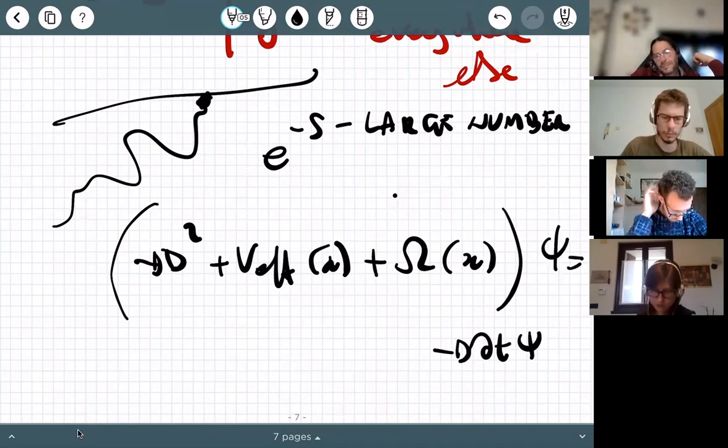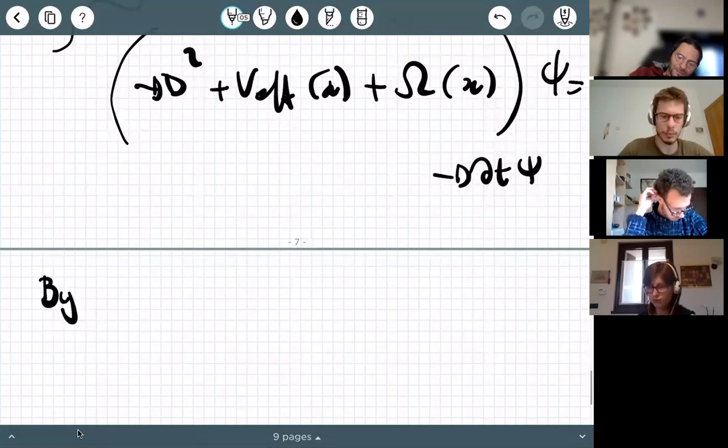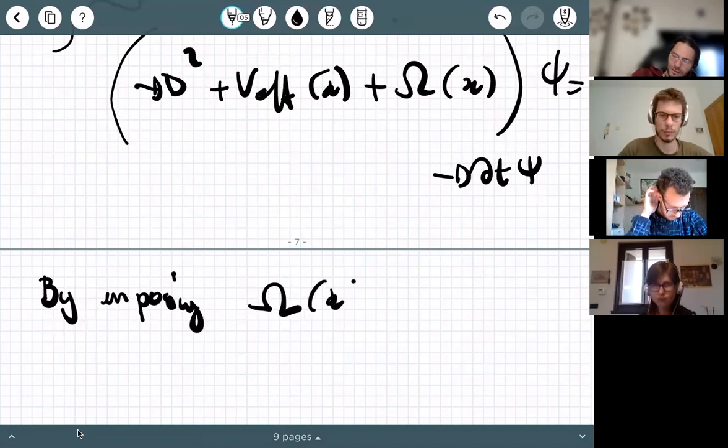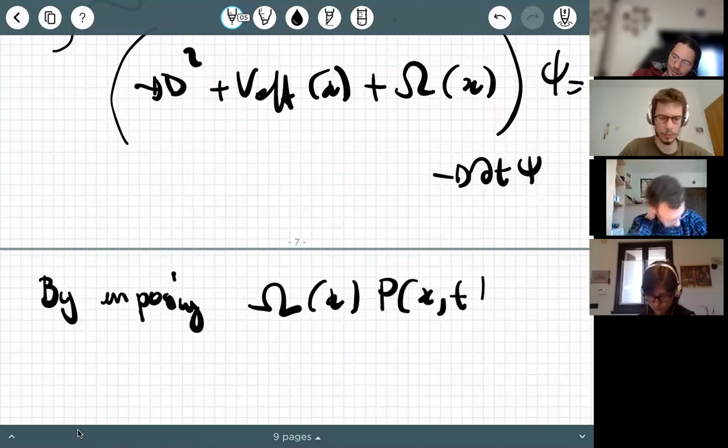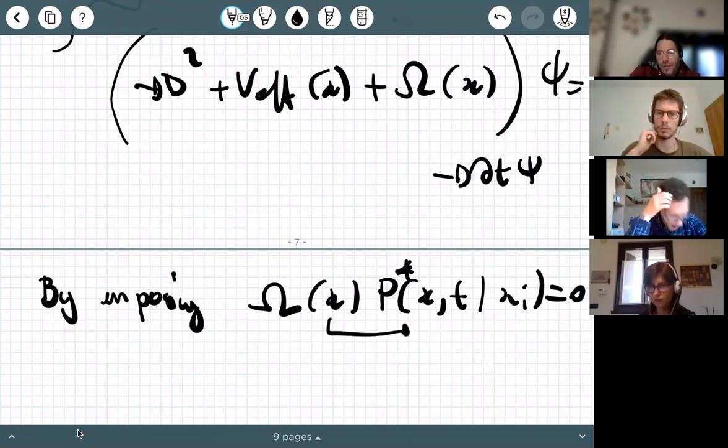Okay? Now, by imposing the obvious condition that the probability in x times omega is 0, because there, of course, I'm having the teacher very angry.